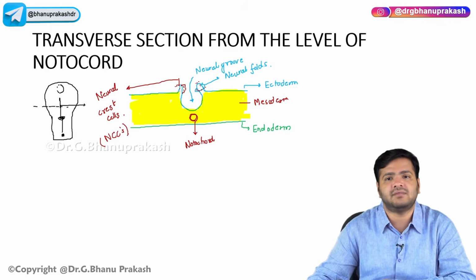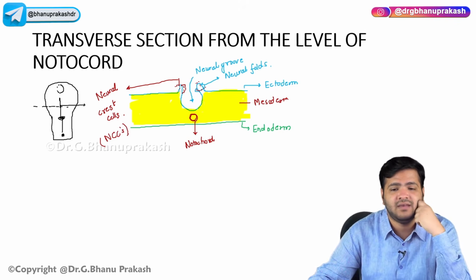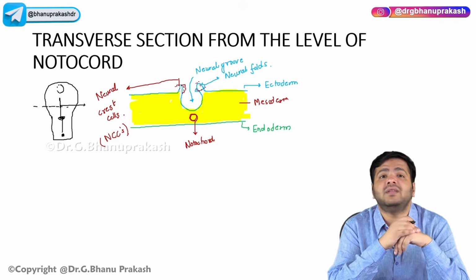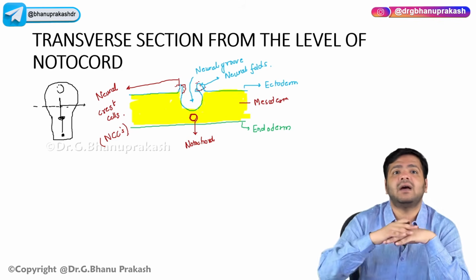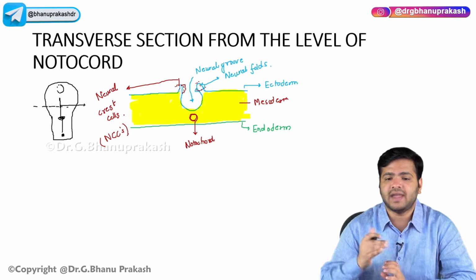They are present on the crest. That's why they are called the neural crest cells, on the folding, on the crest. Now, these neural crest cells will detach themselves from the ectoderm, okay, and come to the sides of the neural tube, right? They will come to the sides of the neural tube.